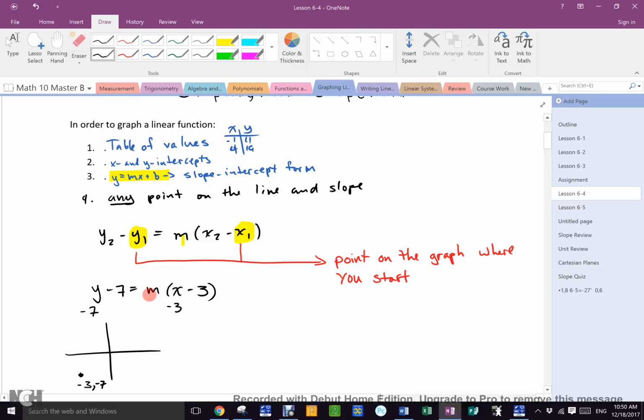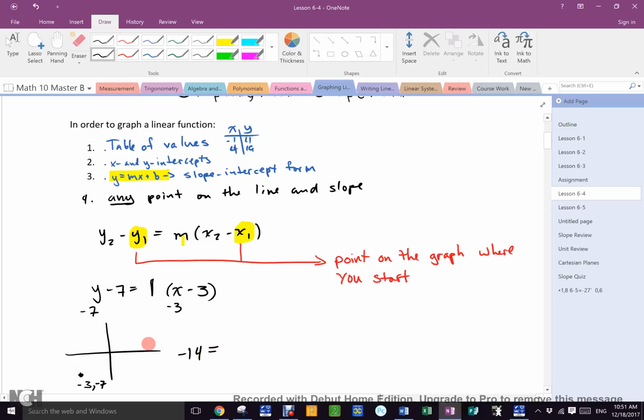If I say my slope is 1, what would happen here if we use -3 and -7? What is -7 minus 7? -14. So this side would be -14, correct?